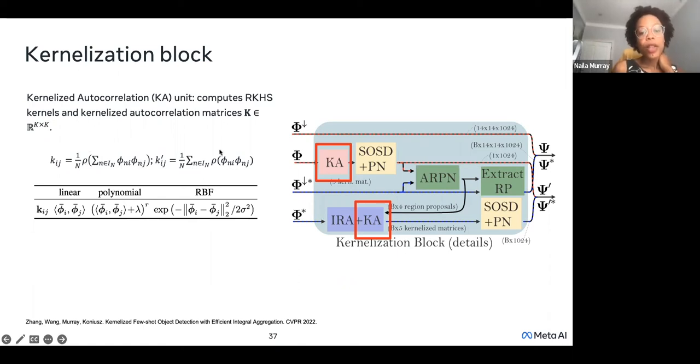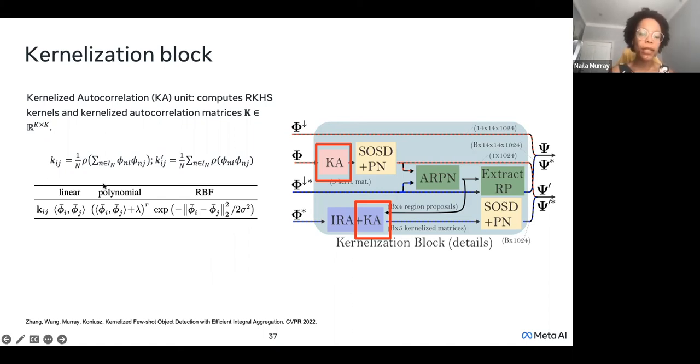Or you can do it the other way around, which is a kernelized autocorrelation, where you apply the nonlinearity before the sum. So in one case you apply a nonlinearity to a sum, and in the other you apply a sum over a nonlinearity. These are 2 different types of kernelized representations we will use, and they have different properties.